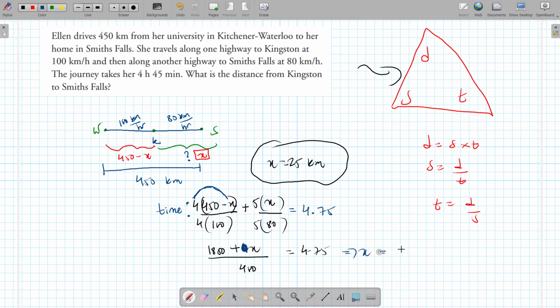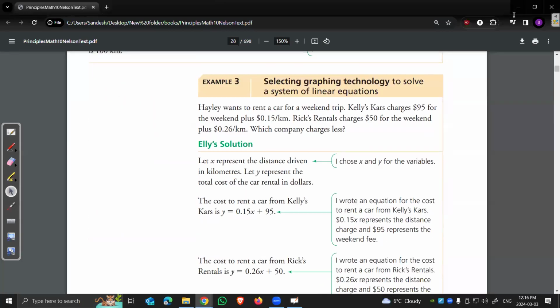If you do this, you'll get 100, because this times this is 1900. So the distance was 100, not 25. I didn't add the x's right. But the idea is the same.